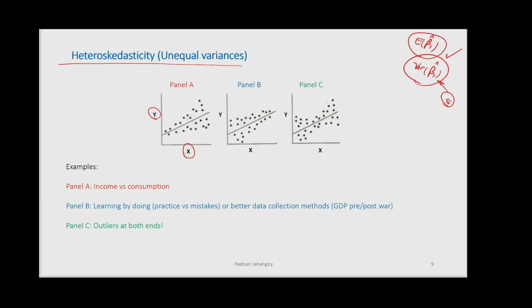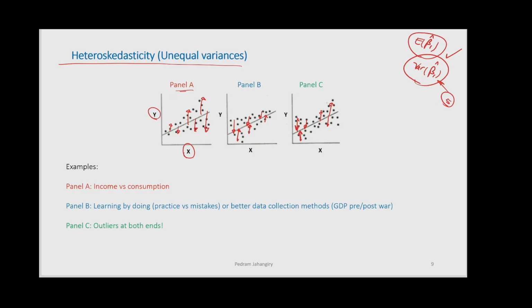If your data looks like panel A, you see the variance is small at the beginning, and then the variance is getting larger and larger. So as x increases, the variance of y also increases. Does that make sense? Here, as x increases, the variance of y decreases. Here, the variance first decreases and then increases. So we call it heteroskedasticity, unequal variances.